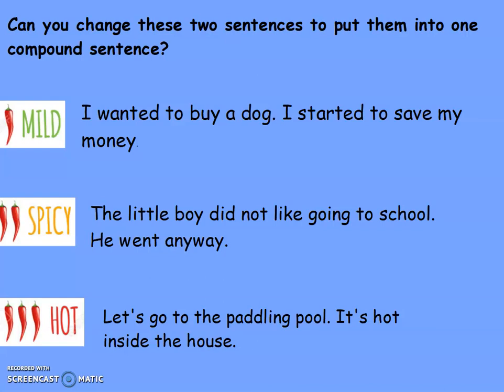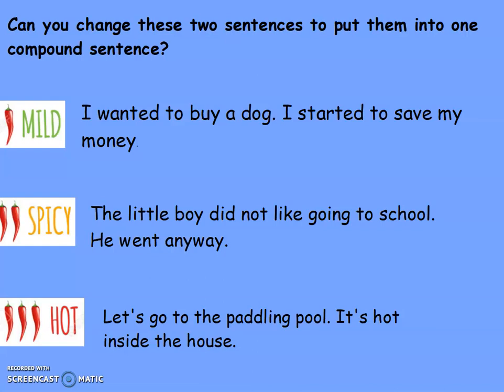As usual, you've got three options. You can either choose the mild challenge, the spicy challenge, or the hot challenge. You are trying to put two sentences into one compound sentence. The mild option is I wanted to buy a dog. I started to save my money. Spicy option is the little boy did not like going to school. He went anyway.